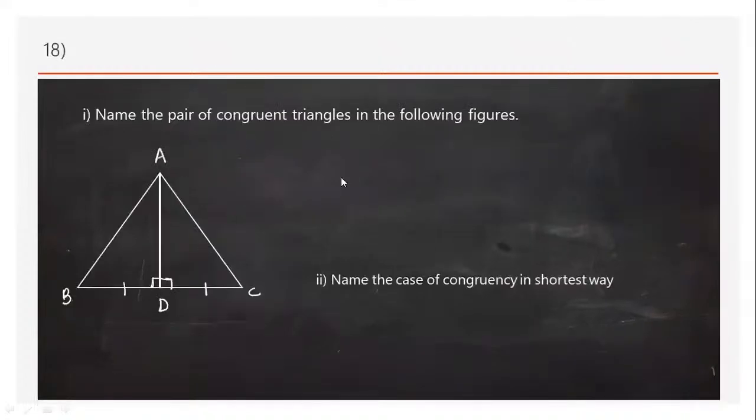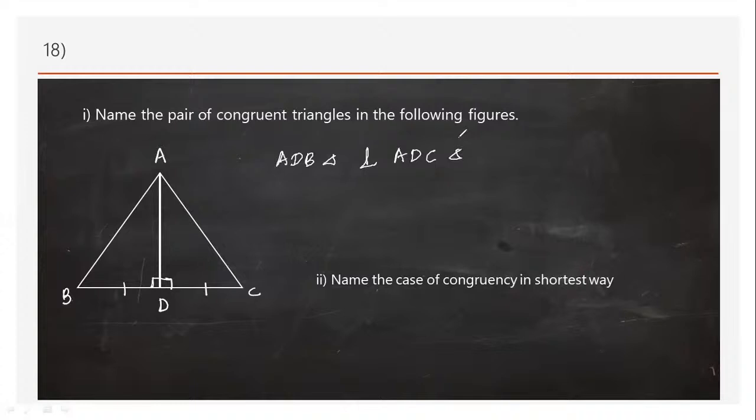Give me 1 minute. I will do the 18th one. Name the pair of congruent triangles in the following figures. Then what are the congruent triangles you can see? Triangle ADB and triangle ADC.